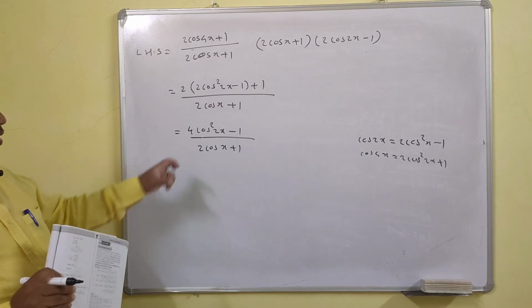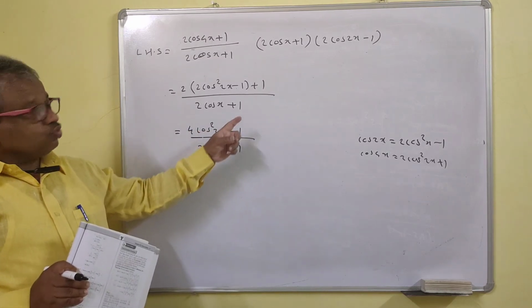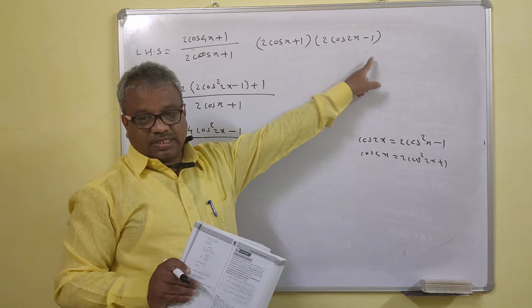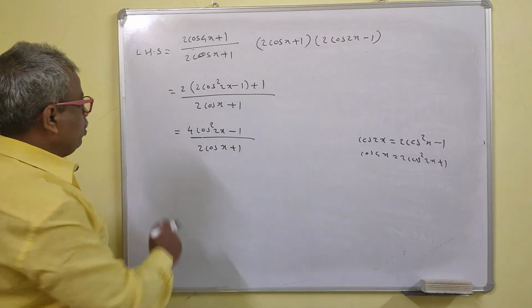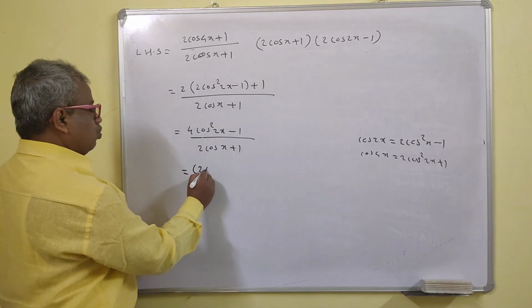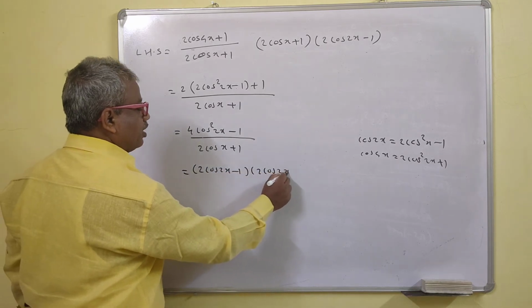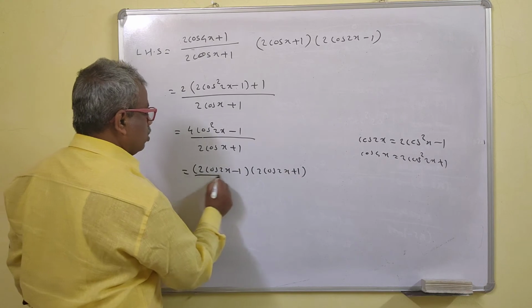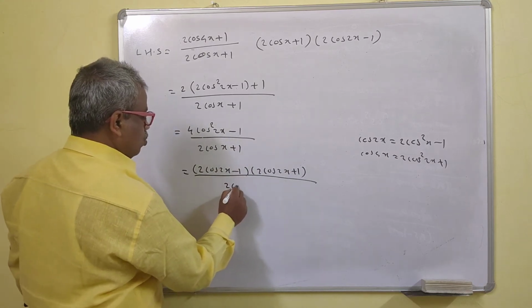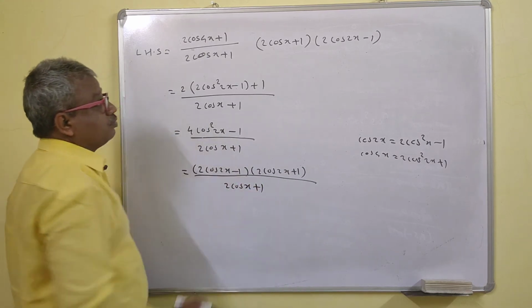We'll factorize this so that one factor will be here, 2 cos twice x minus 1. So this is 2 cos twice x minus 1, 2 cos twice x plus 1 upon 2 cos x plus 1.